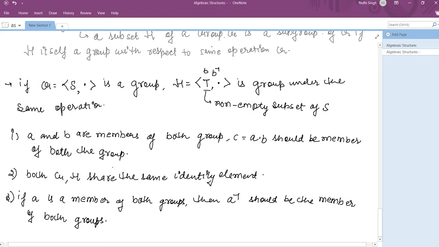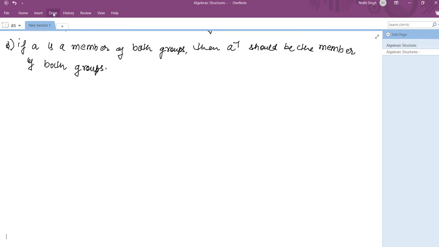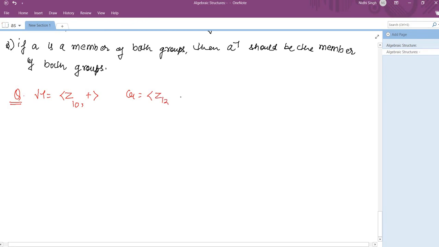Now the question is, suppose a group is given H is Z10 and plus operation, and another group G is given with Z12 and plus operation.